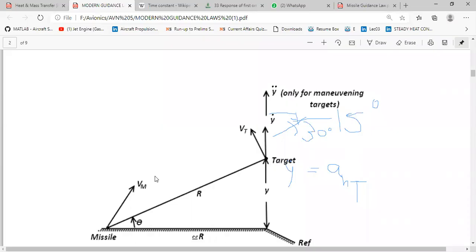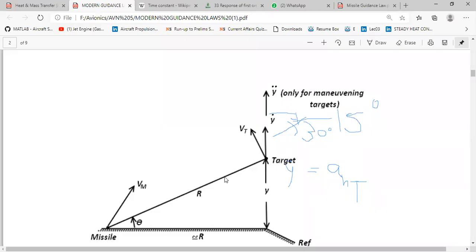That was what we took in the previous numerical by assuming the angle between your line of sight and the missile is very small. But in the actual case, this won't be very small. So we need to consider the component of missile velocity vector in the direction of line of sight. Similarly, target velocity will be at some angle, so you need to resolve the component of target velocity in the direction of your LOS.